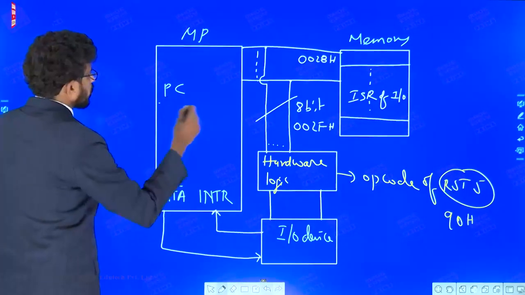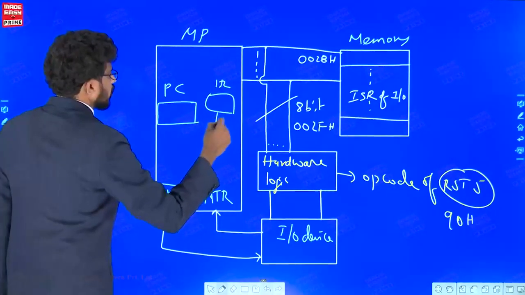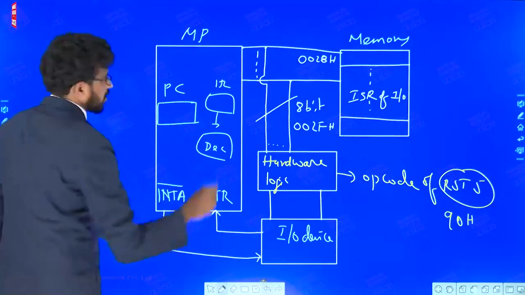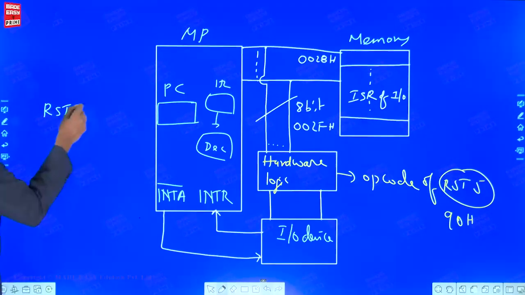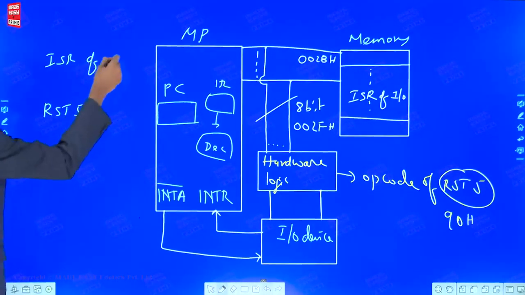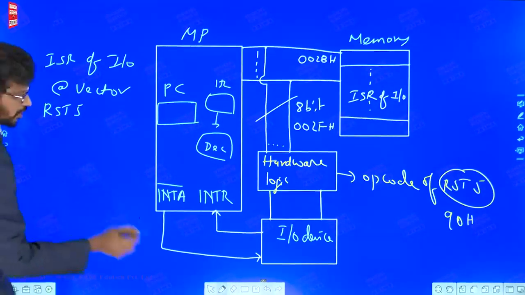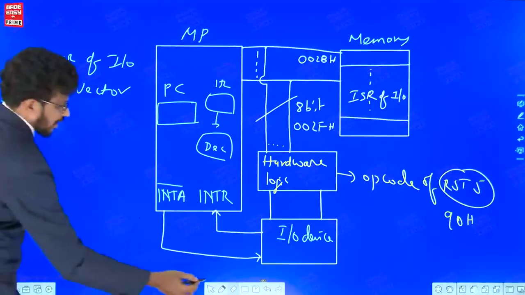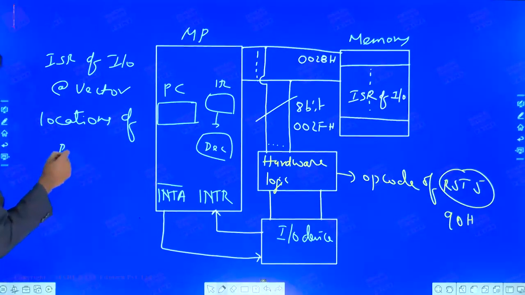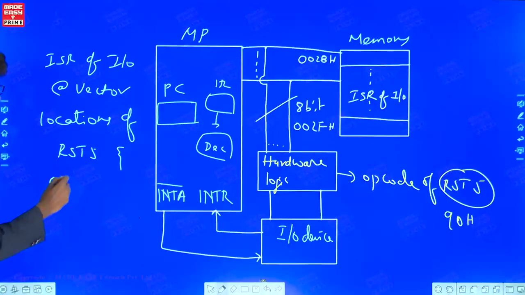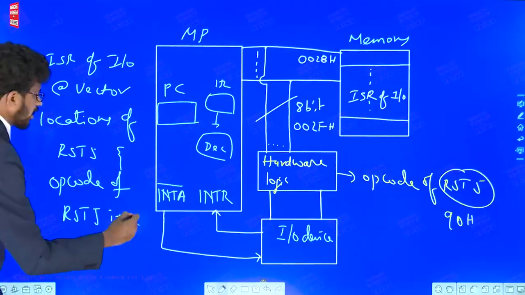This is the program counter, and IR, instruction register, decoder, and so on. Now let us consider this. Our assumption was we have stored the ISR of IO at the vector locations of RST5, and the opcode of RST5 is 90H.